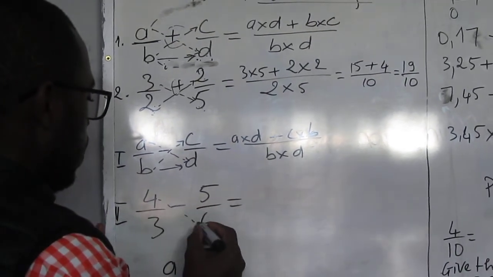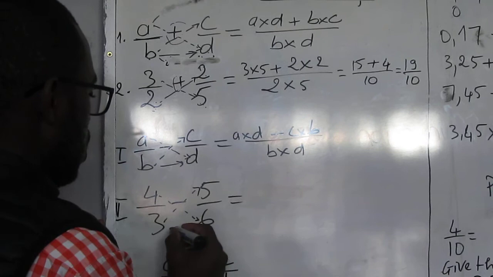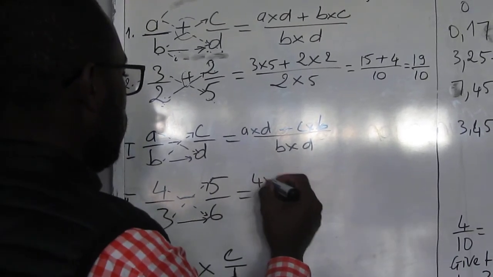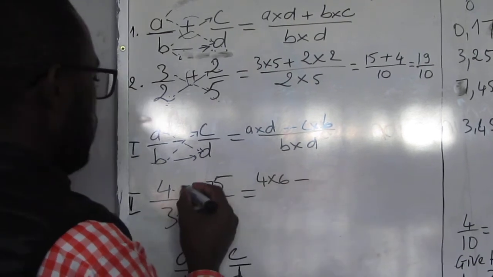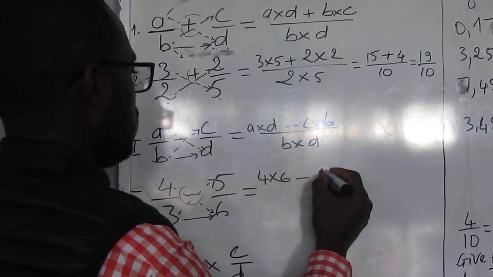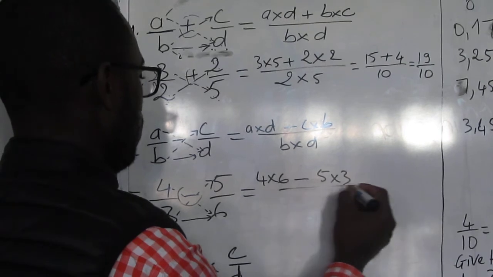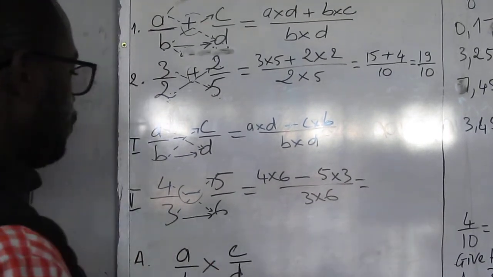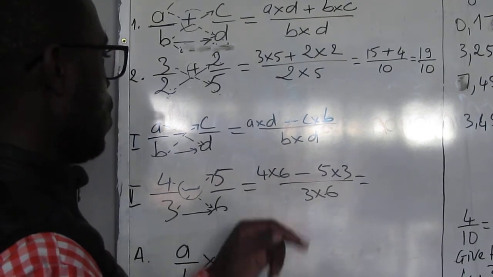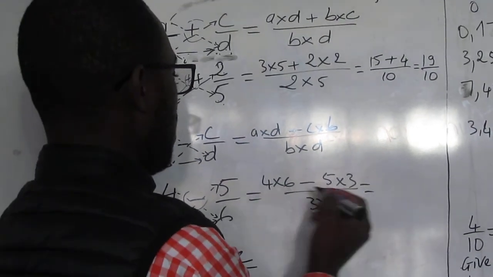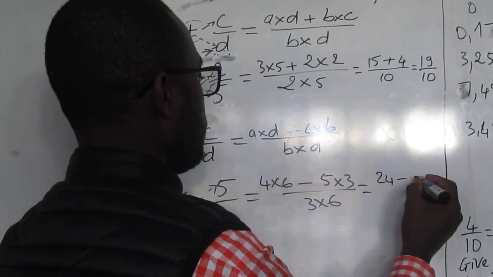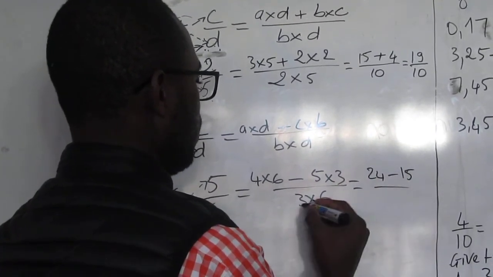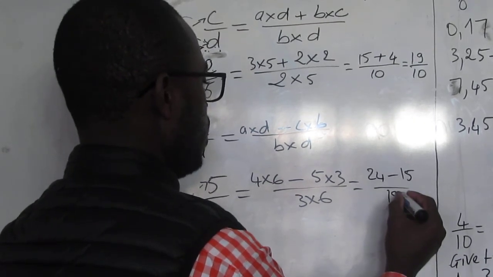So we will apply the same law here: cross multiplication and denominator multiplication. So 4 times 6, we keep the sign in the middle, minus 5 times 3, over 3 times 6. Then 4 times 6 equals 24, minus 5 times 3 equals 15, over 3 times 6 equals 18.